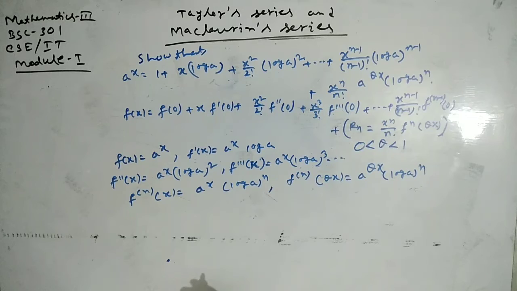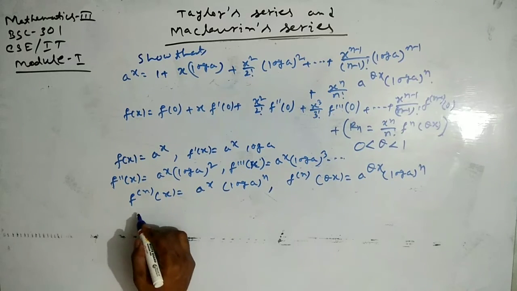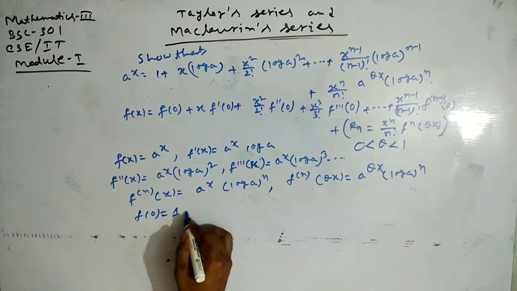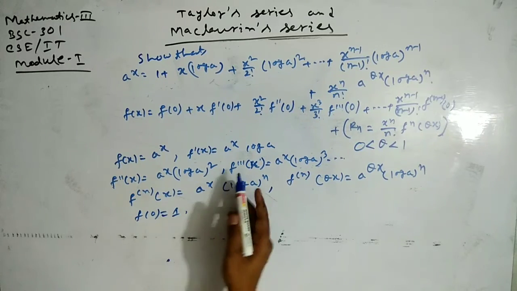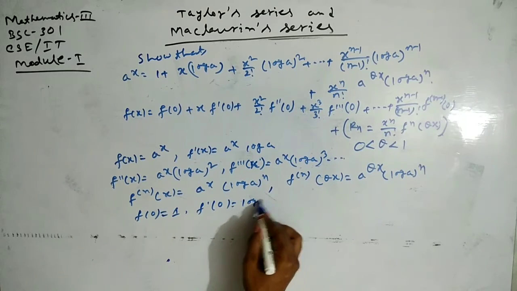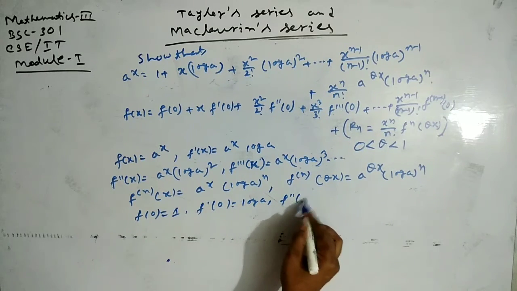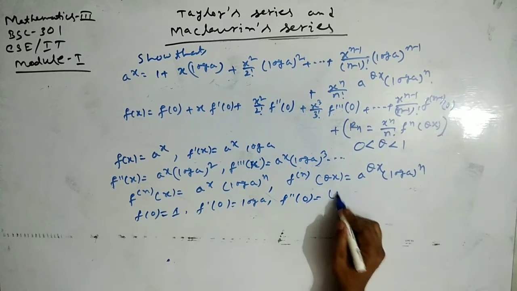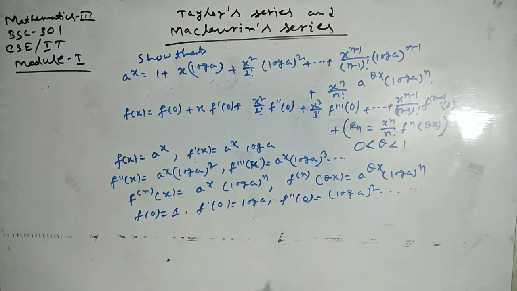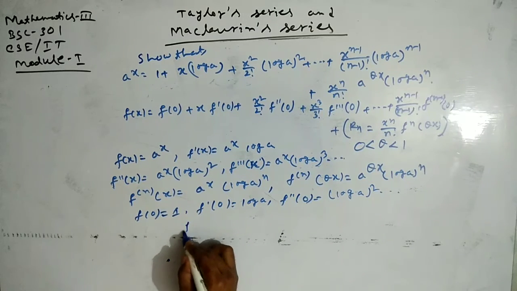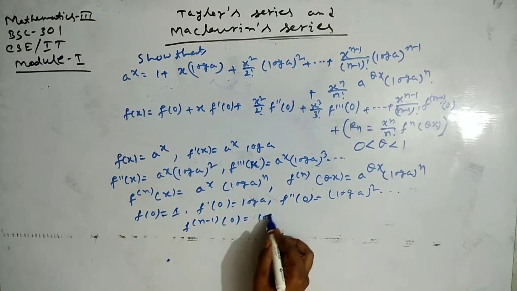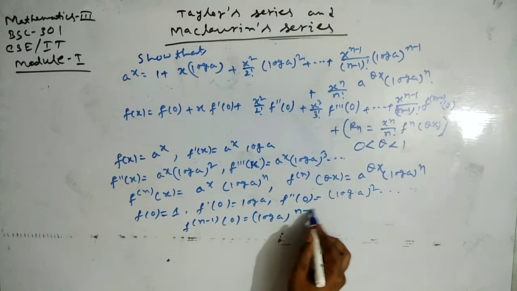Okay. Now what will be f(0)? f(0) is a to the power 0, that is 1. Okay, so f'(0) will be log a, f''(0) will be log a whole square, and so on, and f^(n-1)(0) will be log a whole to the power n minus 1.